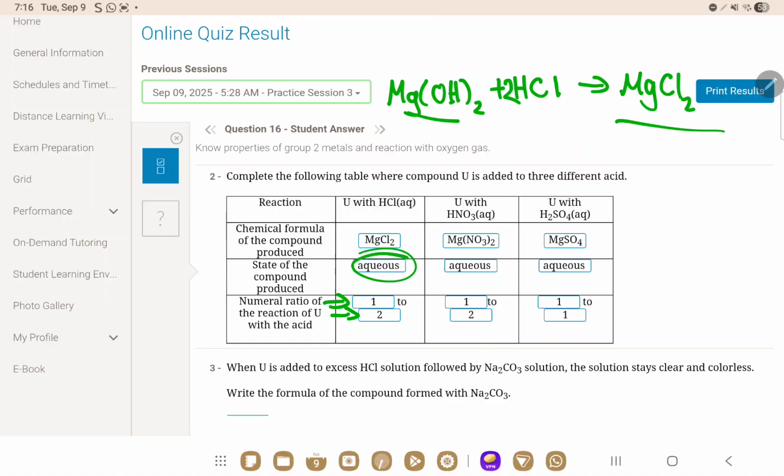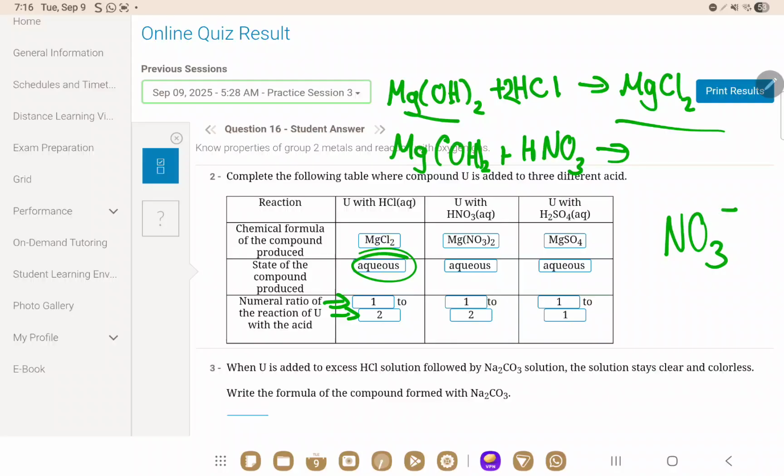Now the same thing with HNO3, it is also an acid. Mg(OH)2 plus HNO3, I keep mixing up. Now when you add them, NO3 has a charge of minus 1, and Mg is 2 plus. Using the crisscross method, it's going to be Mg(NO3)2.